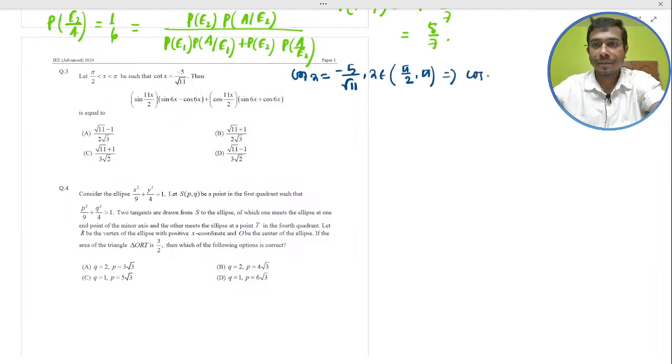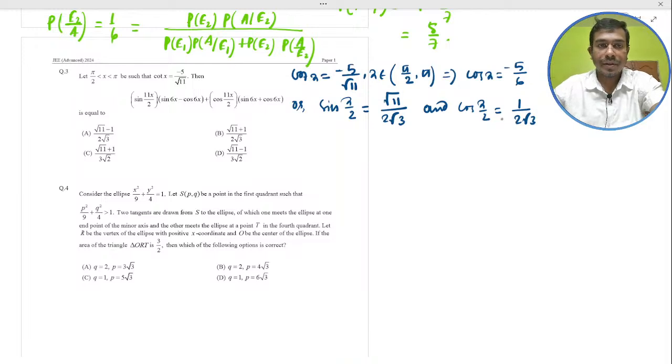That means the value of cos x would be minus 5 by 6. And sin of x by 2, by the triangle law, will become root 11 by 2 root 3, and cos x by 2 would become 1 by 2 root 3.